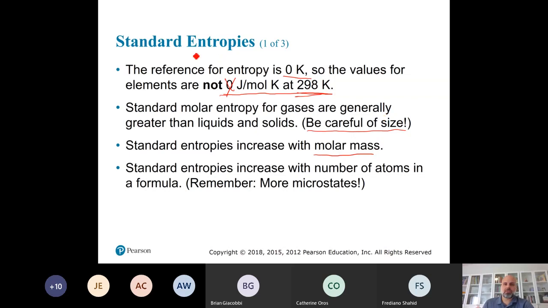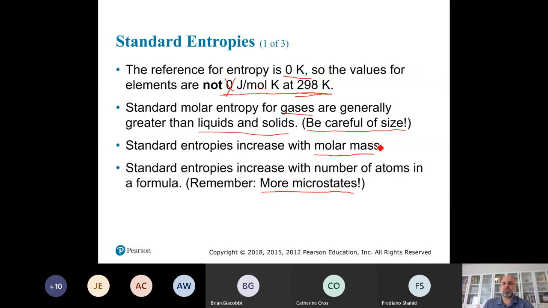A gas has more entropy than a liquid or solid. And then standard entropies increase with the number of atoms in a formula. More microstates again: the more bonds that exist between each of the individual atoms, the more microstates that exist.